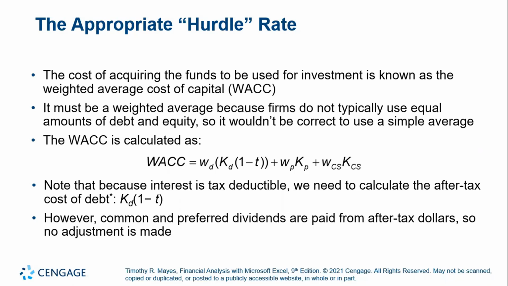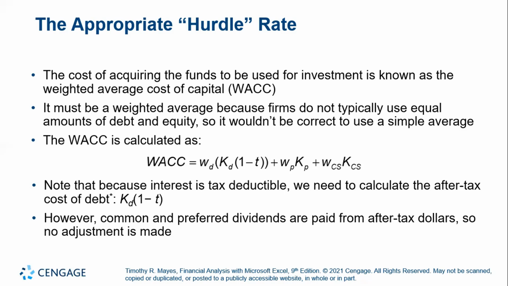The WACC is calculated as the weight of debt times the cost of debt, plus the weight of preferred stock times the cost of preferred stock, plus the weight of common stock times the cost of common stock.